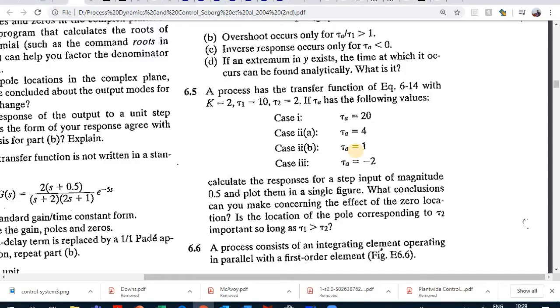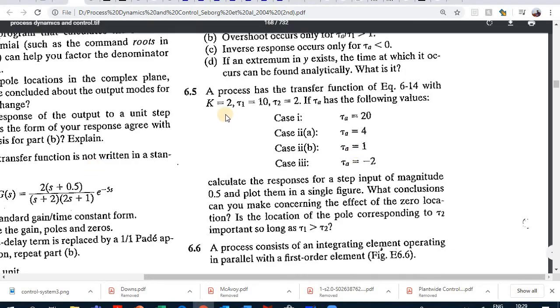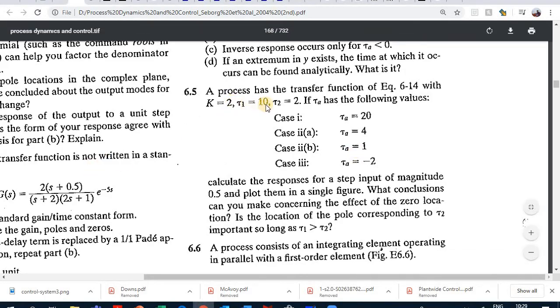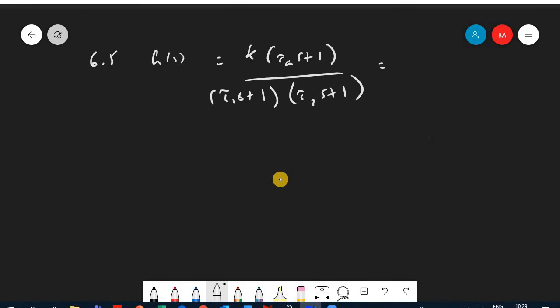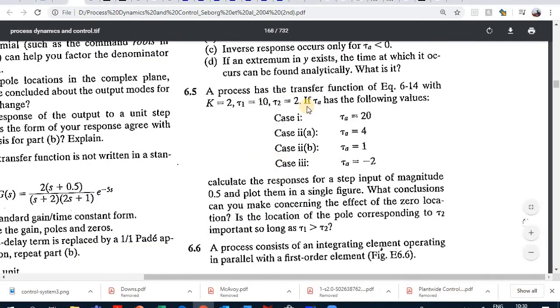And in this case, what are our values? We have K is equal to 2, tau 1 is equal to 10, tau 2 is equal to 2. So that will be 2 times (tau a s plus 1), which will be different for different values, over (10s plus 1) times (2s plus 1). Okay, so that's the question.